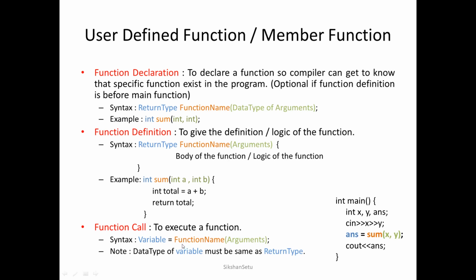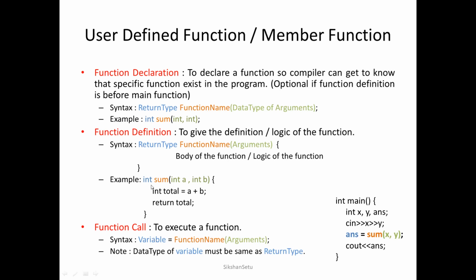Now for that, we need to write the function name, we need to specify the arguments, and if the function returns anything, then a variable containing the same data type as the return type will be over here, and an assignment operator will be there. It means whatever the function is going to return will be stored in this variable.